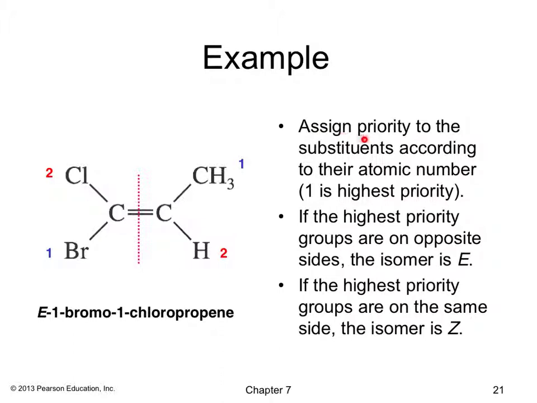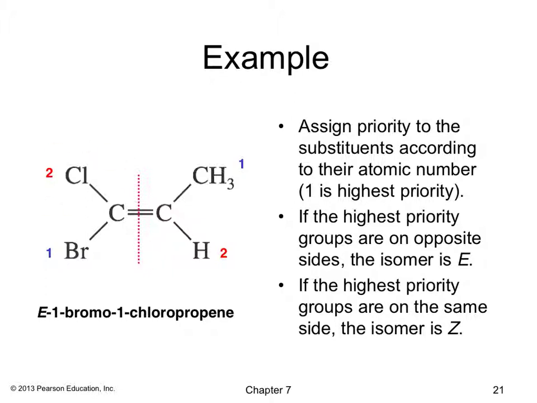You want to assign the priority to the substituents according to their atomic number. Shown here, at the one position, the bromo takes priority because it has the higher atomic number versus a chloro.